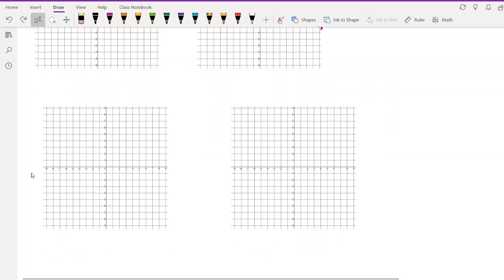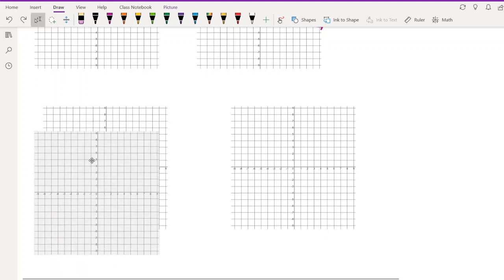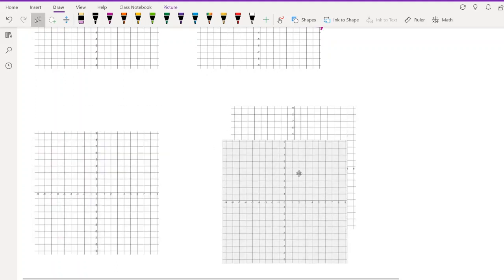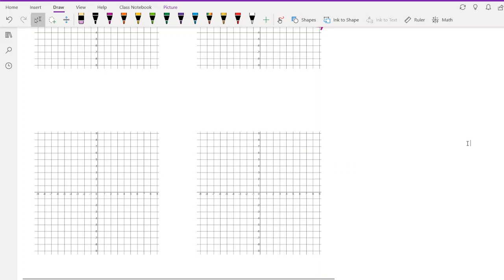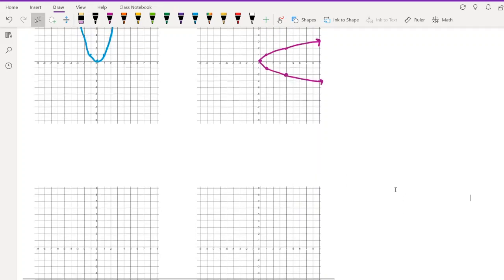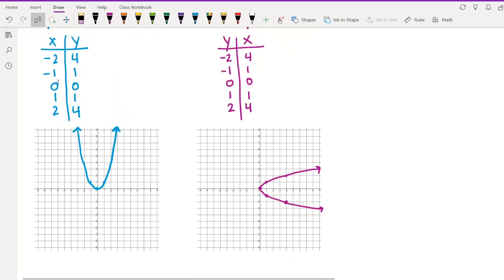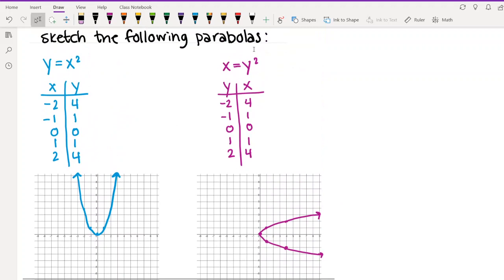So I want to do some very simple transformations to each of these graphs. When you're graphing a sideways parabola, the way I think about it is I imagine that it was just a normal vertically oriented parabola, and think about what it would look like.